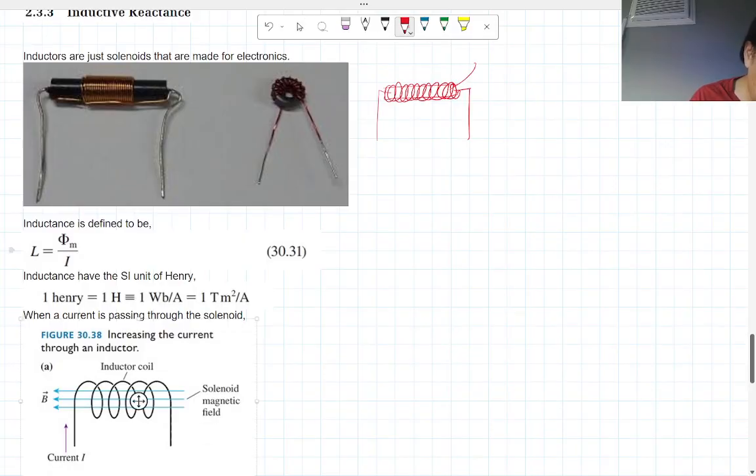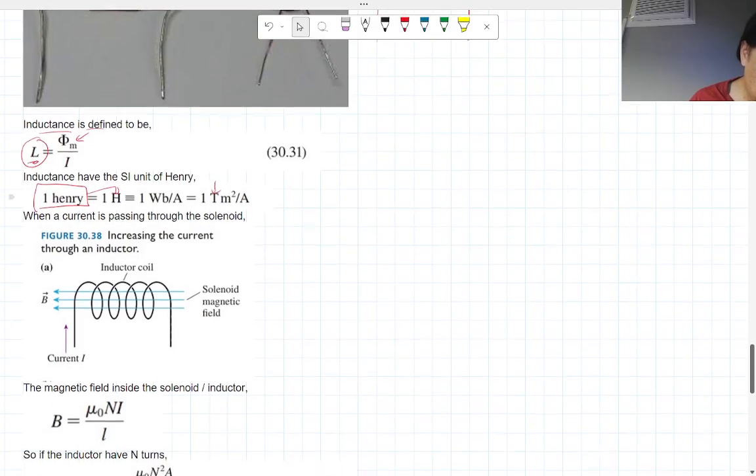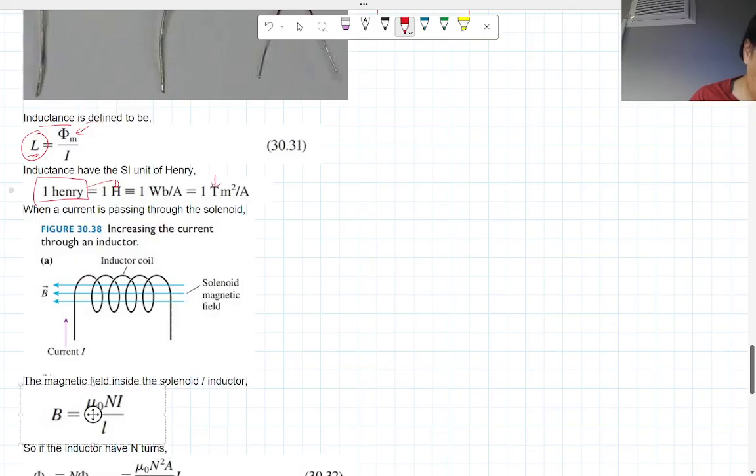I'm going to define inductance to be this letter L, and this inductance is equal to the magnetic flux through this inductor divided by the current through it. In SI units, it has units of the Henry, named after some other guy, with this H. In base units, it's actually tesla meter squared per amp. But just use Henry when you're using inductors.